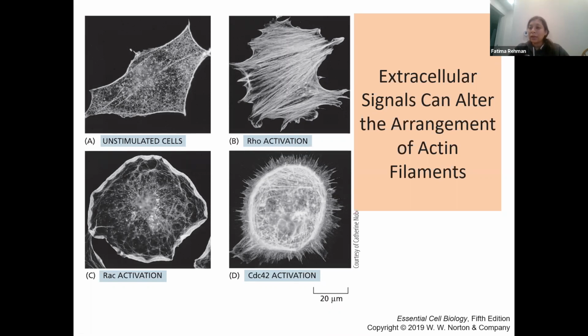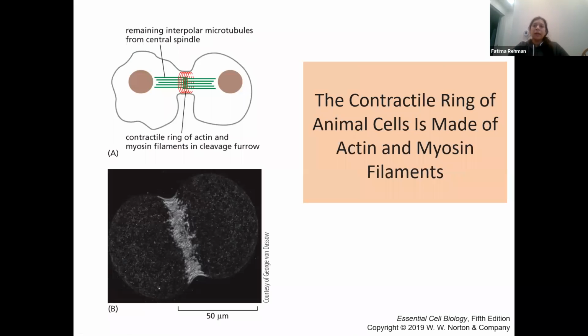So depending on what type of signal you're receiving, the microtubules as well as the actin filaments are going to respond in a very different way. And in this case, specifically, the actin filaments are the ones that are most prone to responding to these extracellular signals, because that's the first line of defense or the first line of structure inside the cell, in the presence of the cortex, in the shape of the cortex.